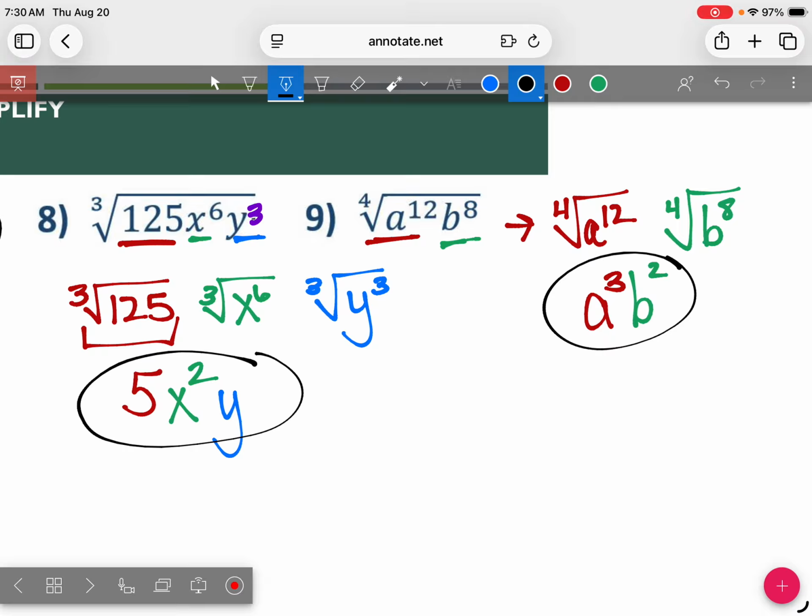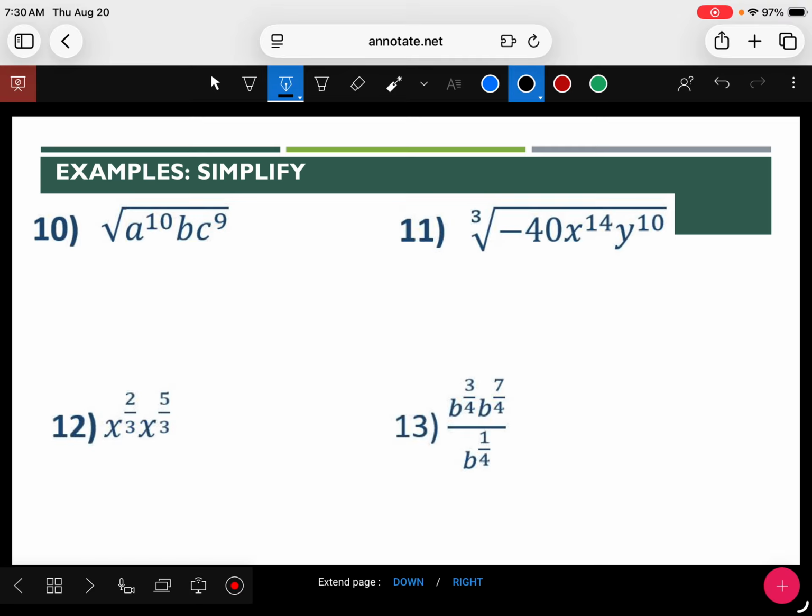All right, who agrees with my answer? So we got 3 groups and 2 groups. Any questions so far? All right, let's keep moving.